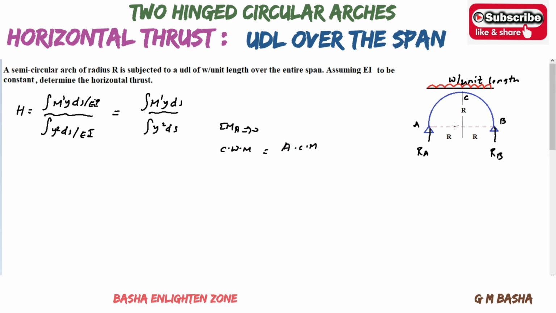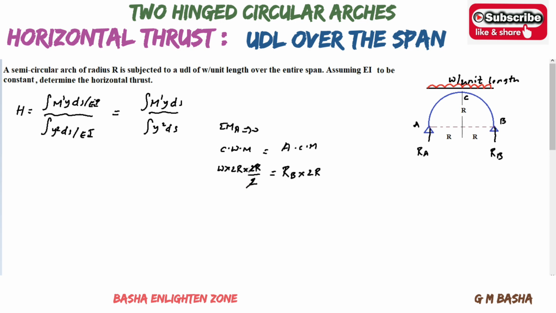W into 2R, into 2R by 2. And the anti-clockwise moment is RB into 2R. W into L by 2 means W into 2R into 2R by 2. This is W into L into L by 2.